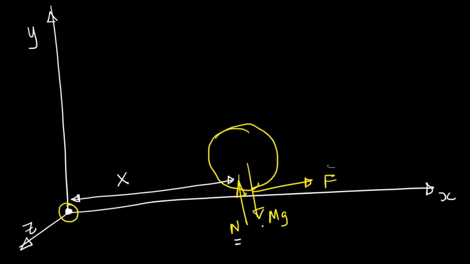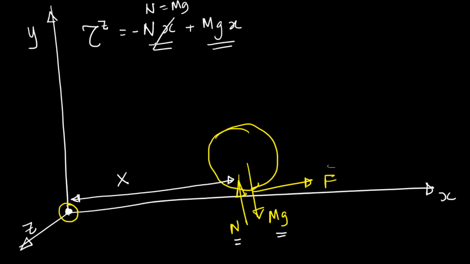But in the clockwise direction you have mgx as the torque about this origin. So tau z is equal to nx negative plus mgx positive. Now these two are equal, and one of them is negative and one of them is positive. The reason is n equals mg, so they cancel.